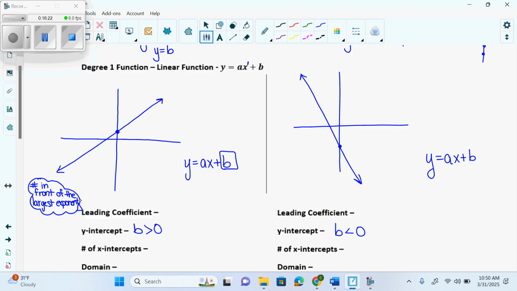So it's the number in front of the largest exponent. It leads the equation. So in this case, it would be the a value. Do you see that? In this case, the leading coefficient is the a.